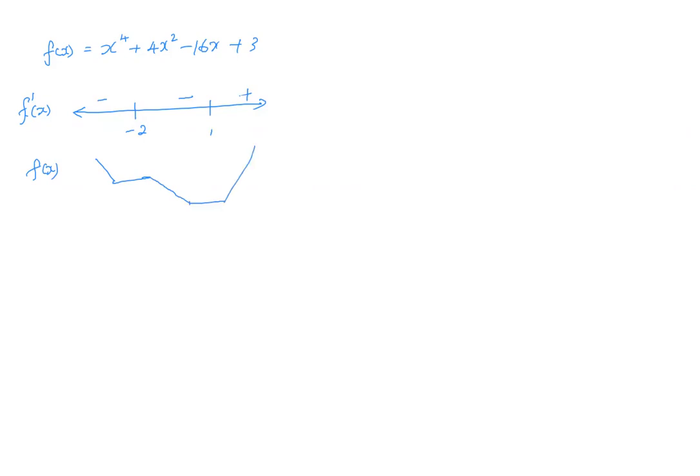Now I look at my f prime x, f double prime x: -2 and 0 here. Now this is another important point. So it's plus, minus, plus. So I know that my f(x) graph will go like that now.